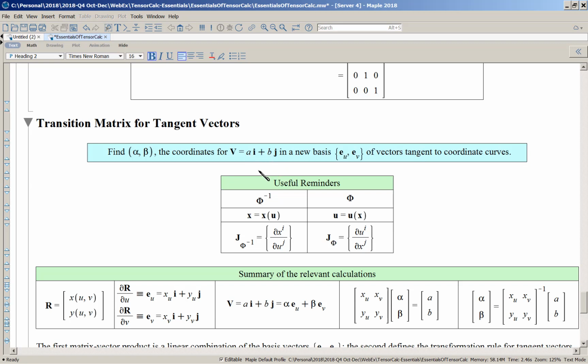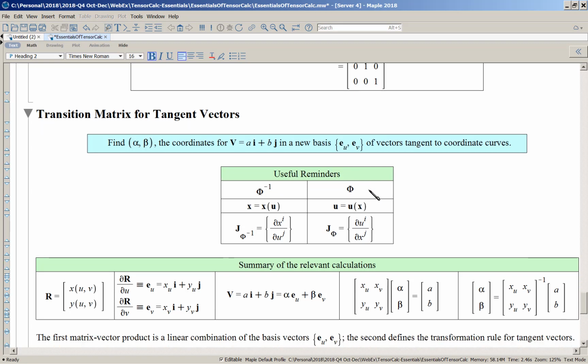So these are new tangent vectors, EU, EV. So I'm using u and v instead of 1 and 2. Thinking in terms of coordinate curves where the coordinates are u and v. And this is a reminder, okay? You want to have something like this tableau in mind. Phi inverse. X is a function of u. Jacobian matrix. dxi, duj.